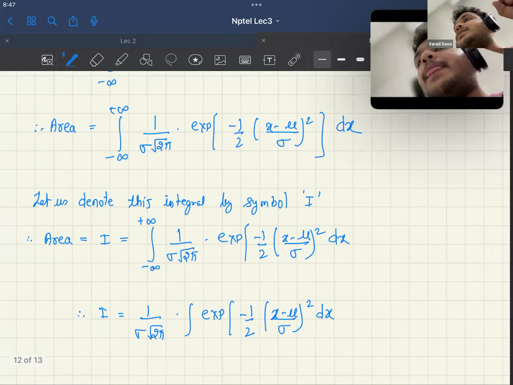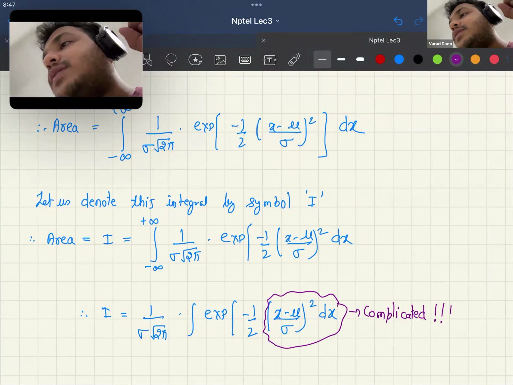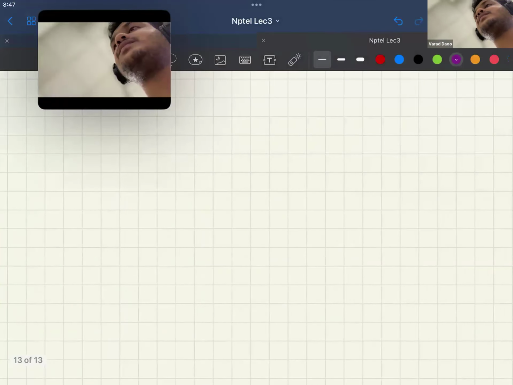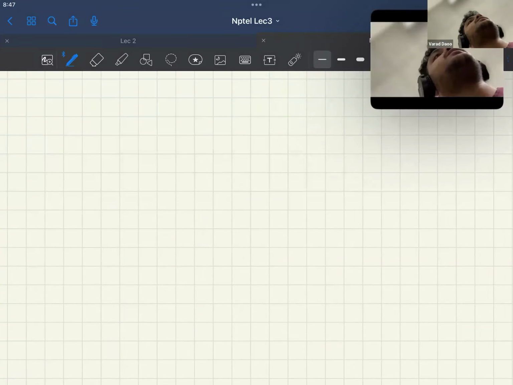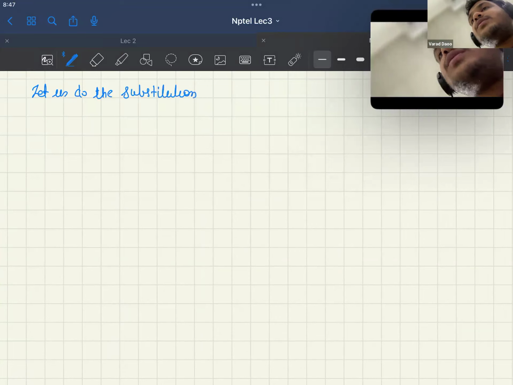So this looks like a complicated one, right? Let me highlight this. So let us try to substitute this. Okay, let's do a substitution to avoid complexity.